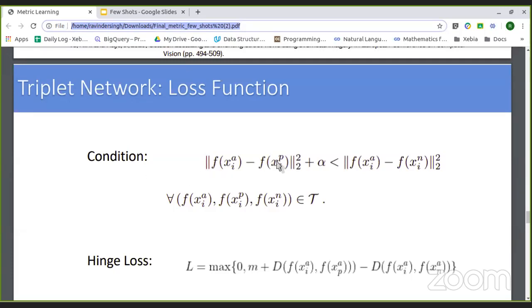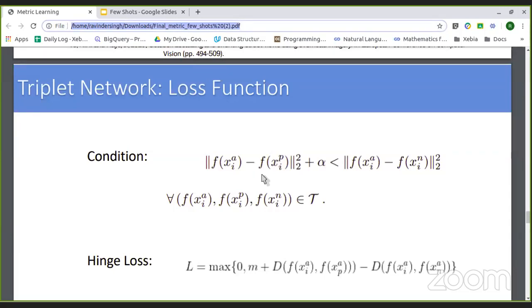So if you see this, this is the anchor, and this is the positive case, and we will try to minimize this, and also we are trying to maximize this. So we are trying to maximize the dissimilarity distance and minimize the similarity distance.